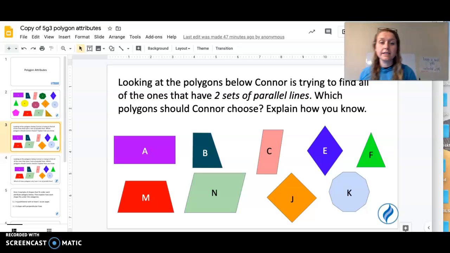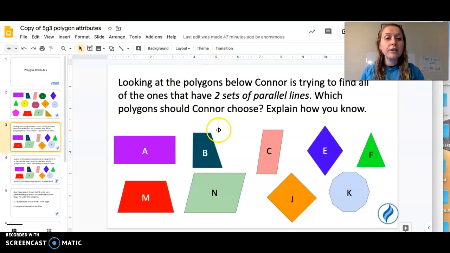Like train tracks. A train track is what I like to think of because they have to be parallel. If for any reason a train track is not parallel and they start to go like this, what would happen? The train would crash. So a parallel line is like a set of train tracks, always going to be parallel forever and ever.